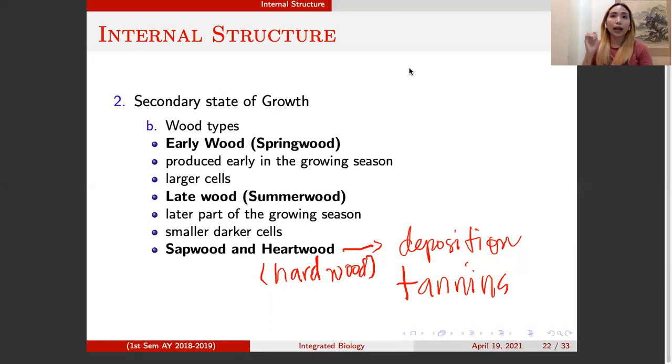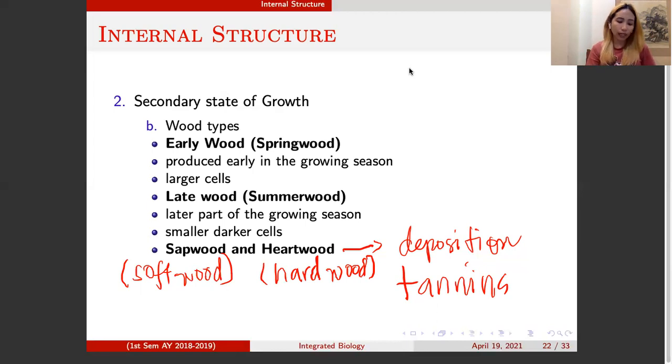And sapwood is very good pa din in terms of conducting functions, and they have more water. Therefore, they are softer than hardwood or heartwood. Kaya minsan, tinatawag din silang softwood. Okay, and then they can be found in the same stem. All right. So that's another classification.